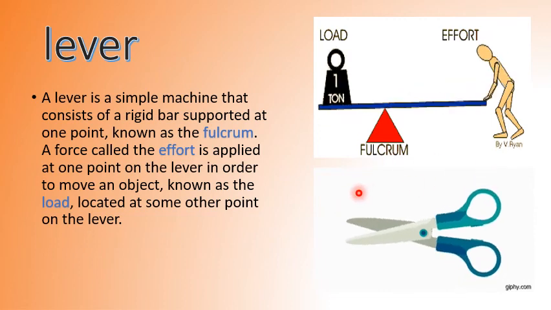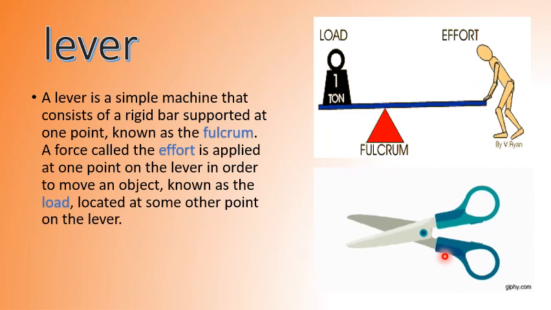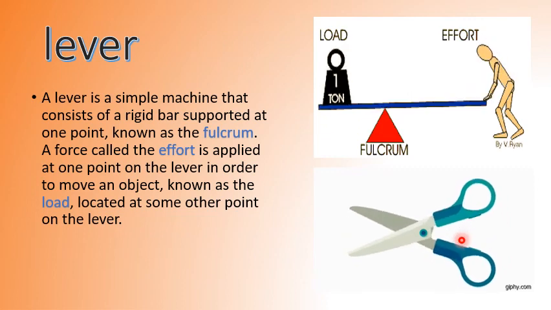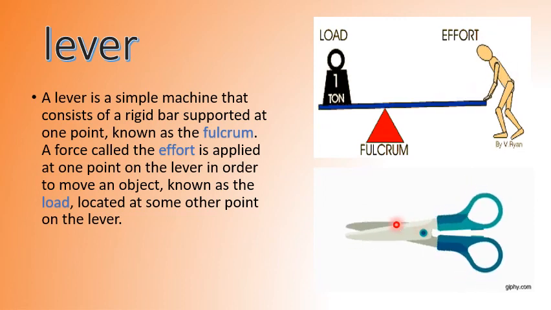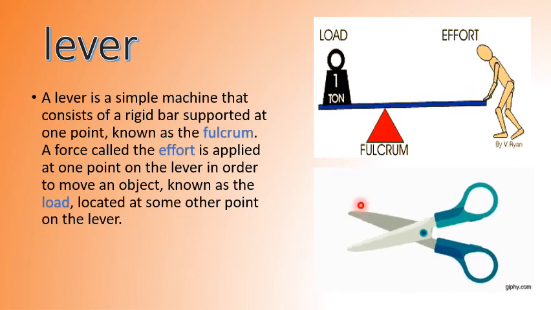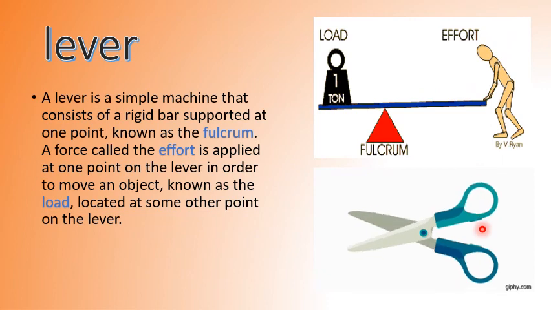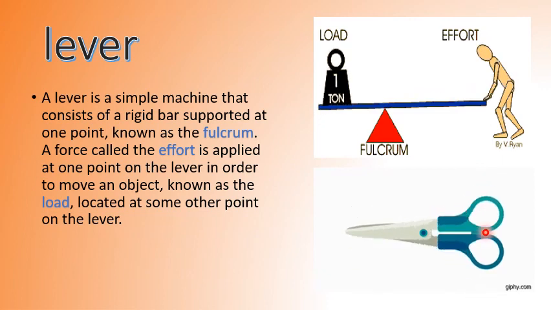Likewise, there is a pair of scissors in front of you. We use scissors in our daily life. It has 3 points, 1, 2 and 3. So where do we apply the force? We apply the force where we insert our fingers in these holes, right? So this portion would be the effort.